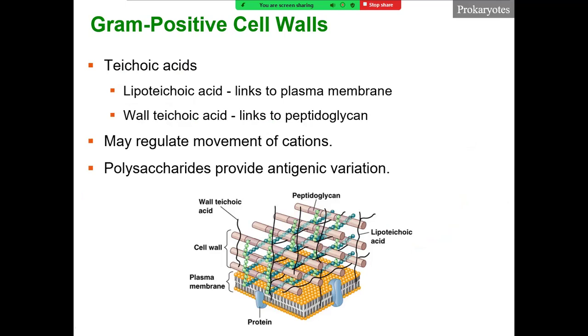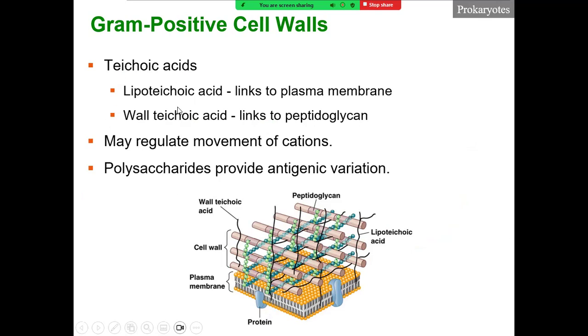The gram-negative, I got to talk a little bit more about the teichoic acid. The teichoic acid may help regulate the movement of cations. The cation may move down the teichoic acid and then move into the cell.